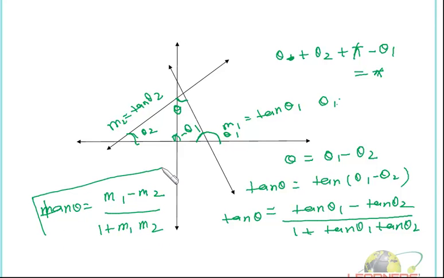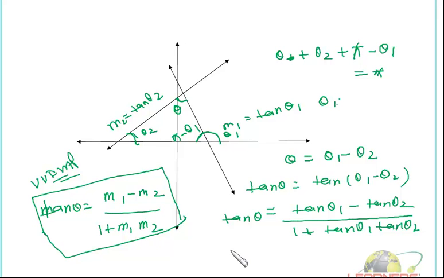So it is actually very important. That is the angle between the two lines when the slope of the first line is m1 and the slope of the other line is m2, given by tan theta equal to m1 minus m2 upon 1 plus m1 m2.